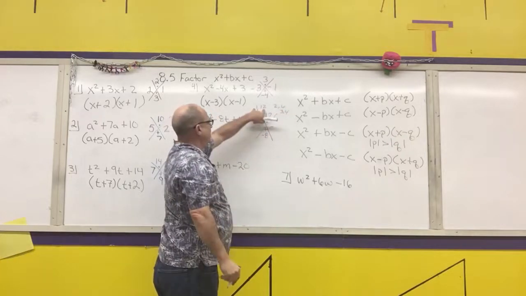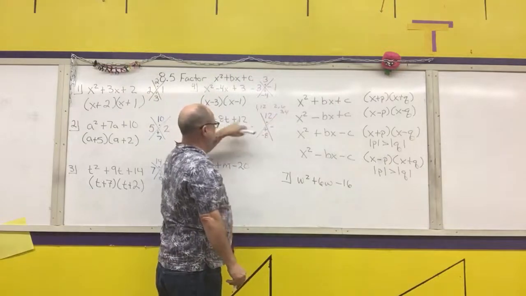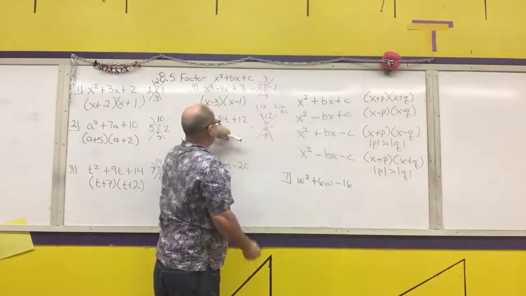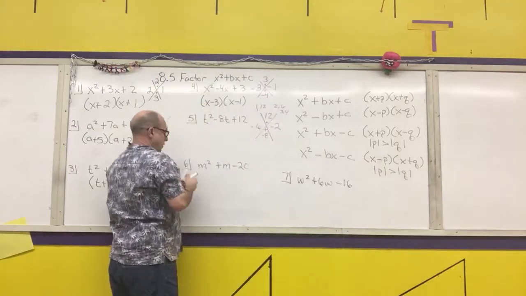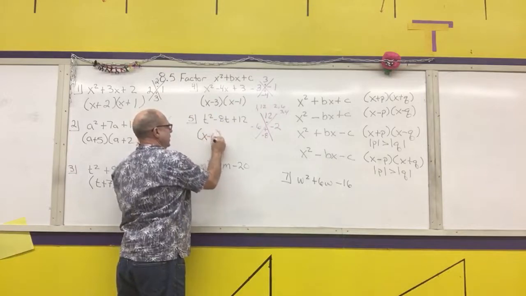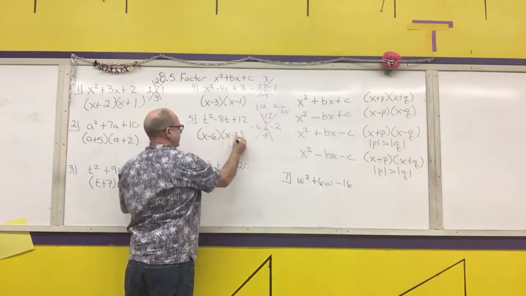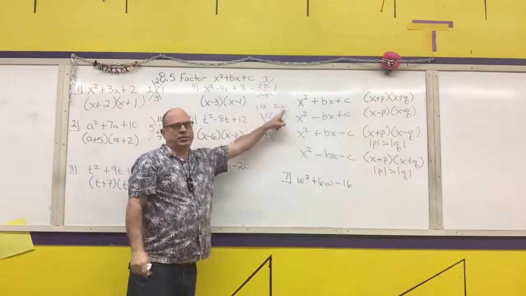So 1 plus 12 is 13. That doesn't work. 3 plus 4 is 7. That doesn't work. But 2 plus 6 is 8. So I have negative 6 and negative 2. x minus 6 times x minus 2.